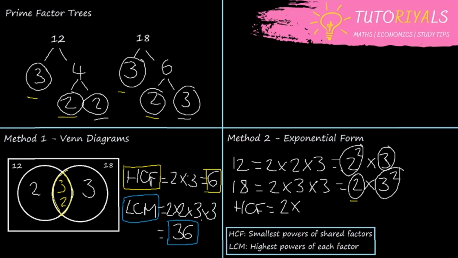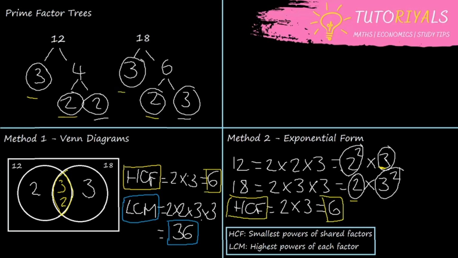So our highest common factor would just be 2 to the power of 1 times 3 to the power of 1, which is 6. So again, we get the same answer. Our highest common factor of 12 and 18 is 6.